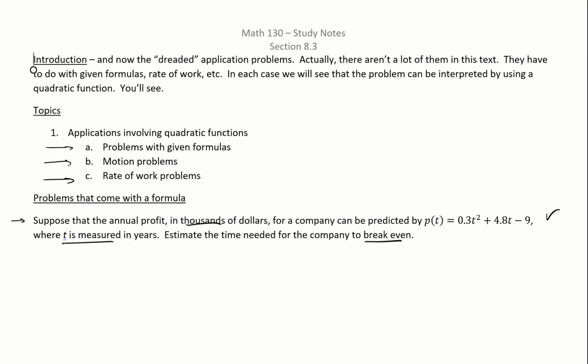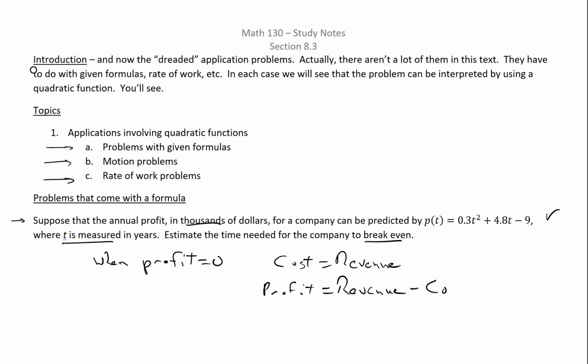Now, if any of you are going into business, that's a big deal. I think we've talked about break even before, but that is when the profit is equal to zero, because cost equals revenue. Profit is equal to the revenue, the money you take in, minus the cost.